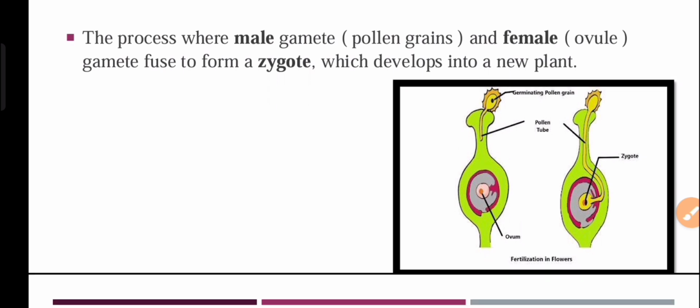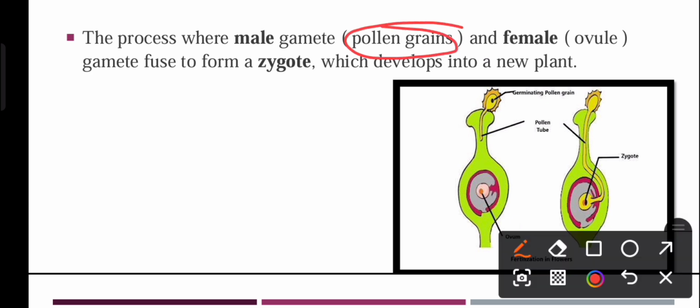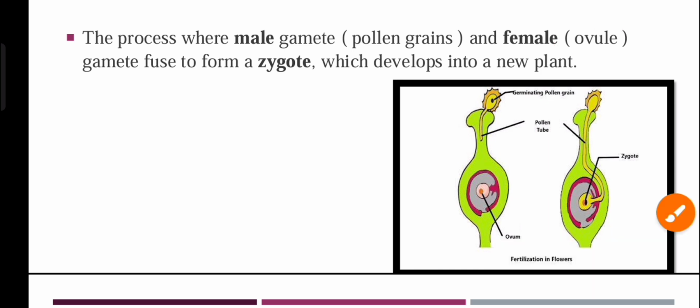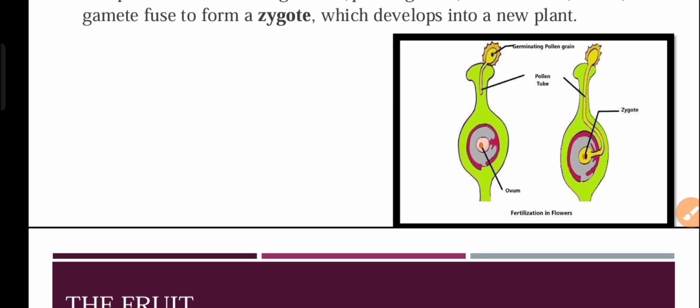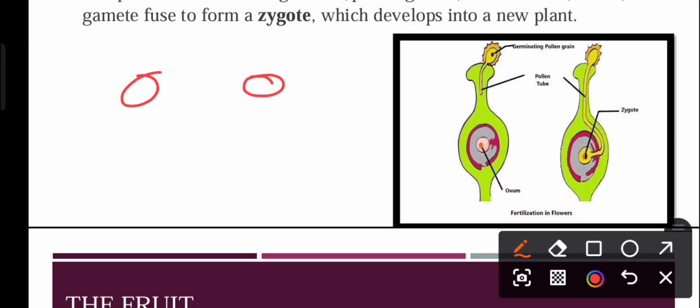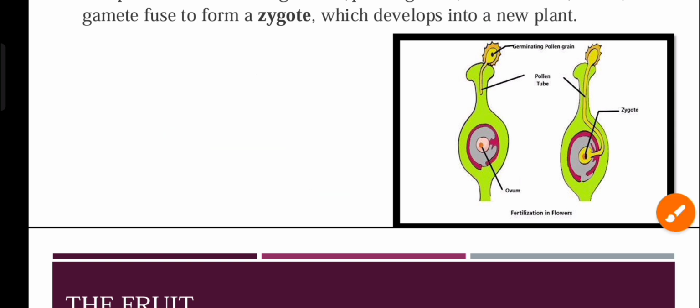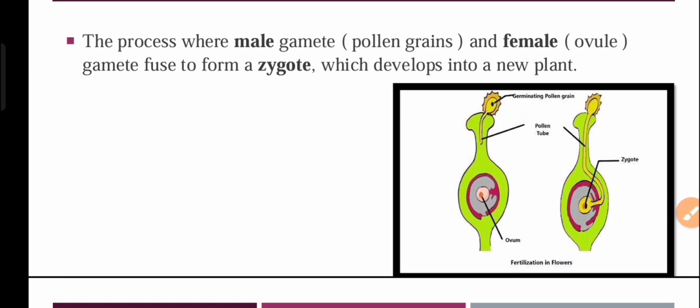It is a process where the male gamete, the pollen grains from the androecium part, and the female gamete, the ovule of the gynoecium part, fuse to form a zygote. This process is called fertilization.